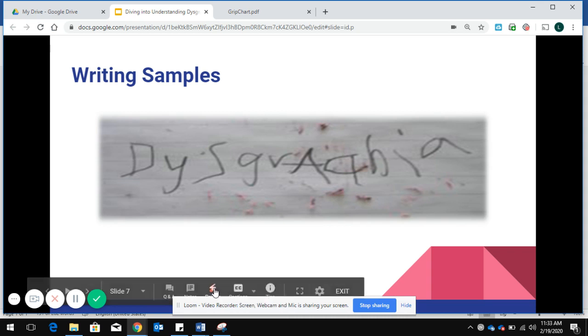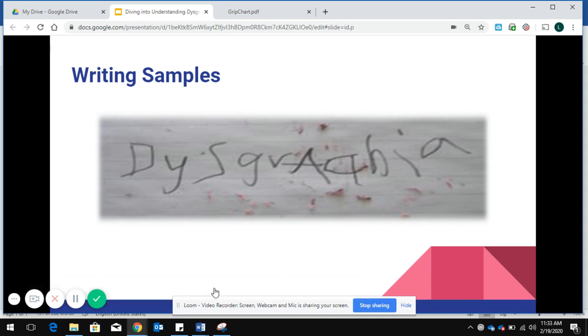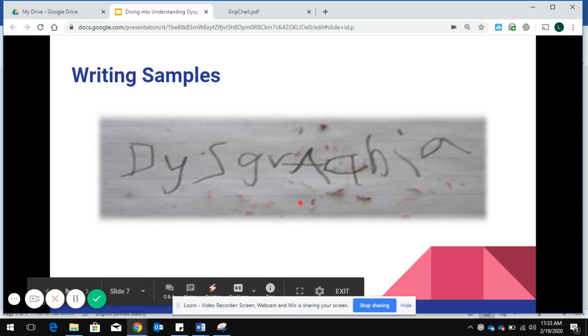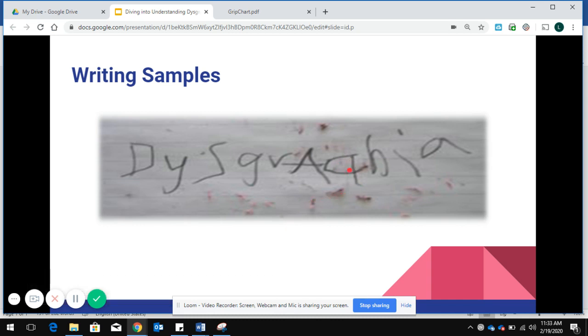What do you see? I want you to notice the inconsistency between the letter formation. Look at this. This is supposed to be a P, right? And it's reversed. This is supposed to be an R, right? And it looks like a V. It's open.